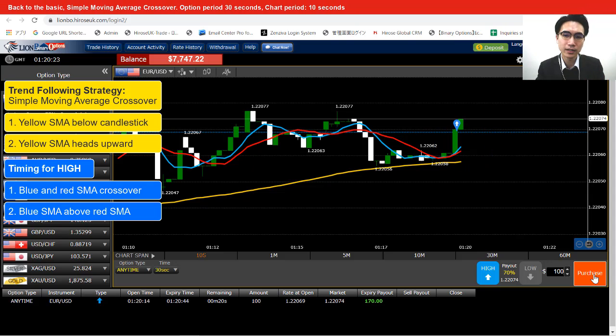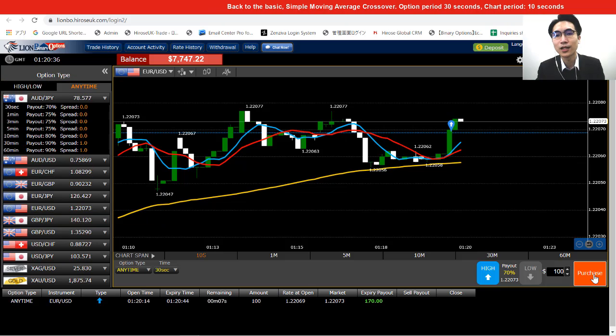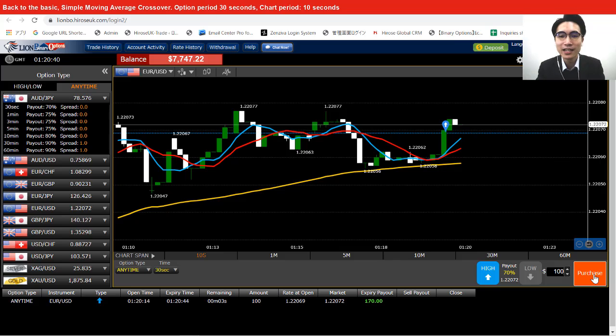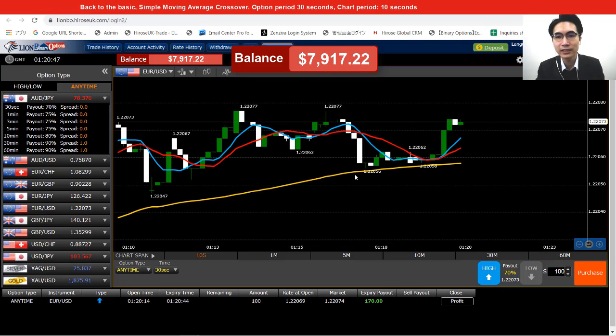I want the blue and red ones to cross over, and I need the blue one to be above the red one. That is a bullish indication, and that's why I opened my trade there. It's looking good, and I'm pretty sure I'm going to get this trade. Yep, I got this one here. First trade in profit.